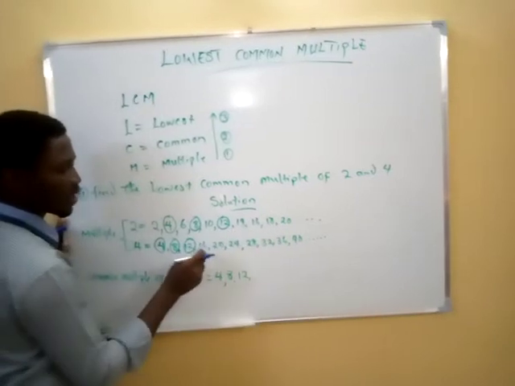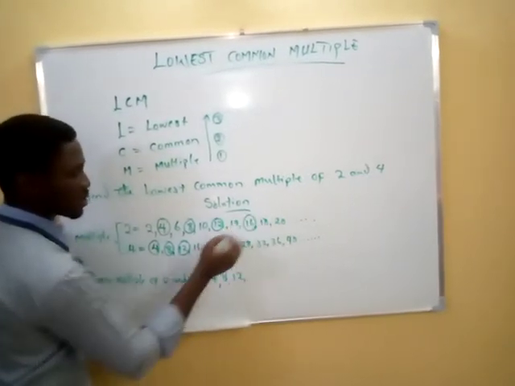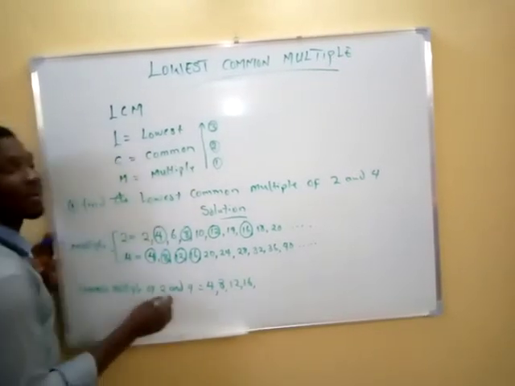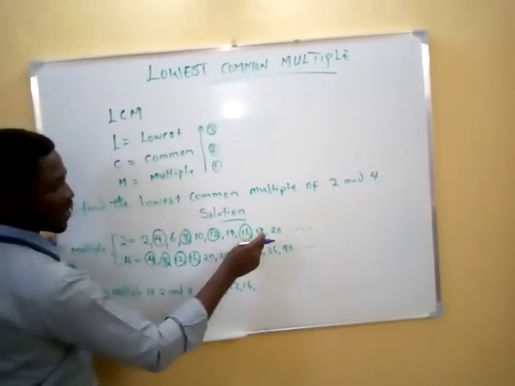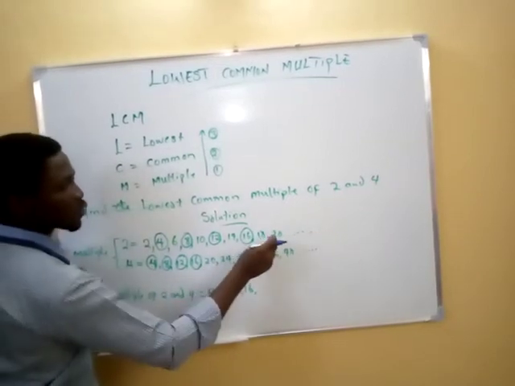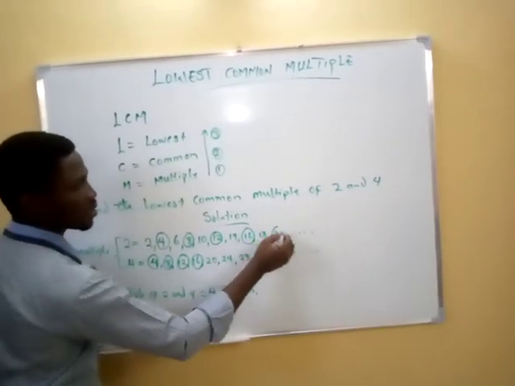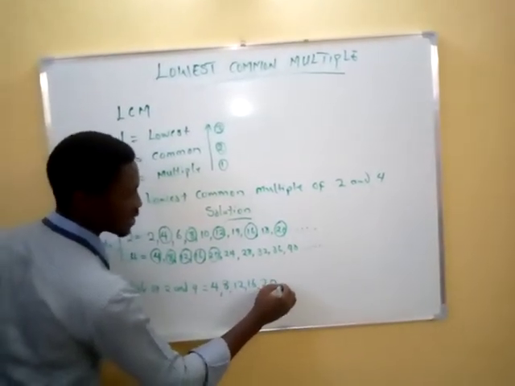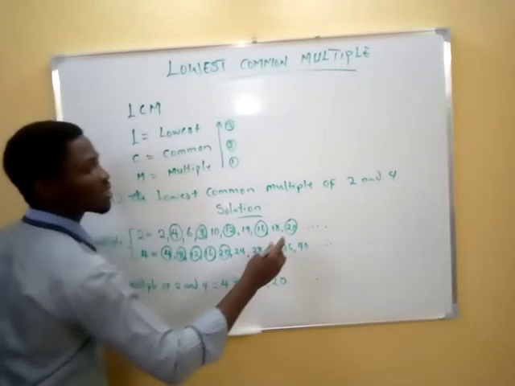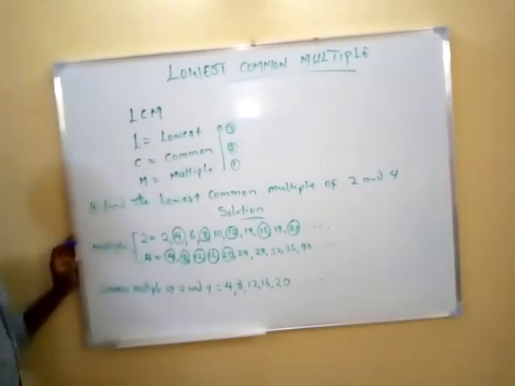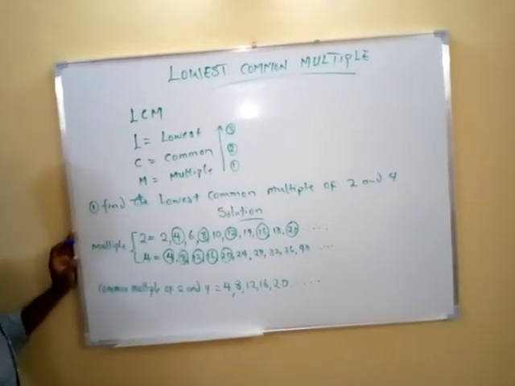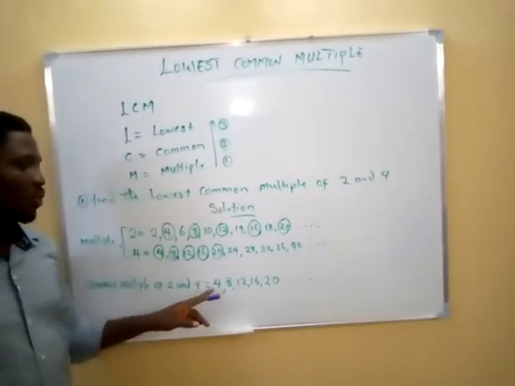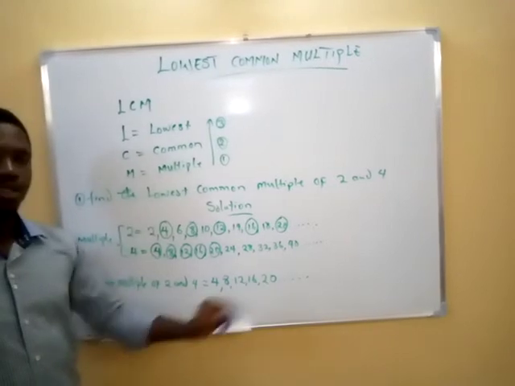We have 16 here, we have 16 here, so we circle 16 and we have 16 here. We are bringing out the common multiples. We have 18 here, we don't have 18 here. We have 20 here and we have 20 here. So we have 20, and then we'll bring out the 20 till infinity. That is to say, if we continue this sequence, you are going to discover more common multiples. Now we found the common multiples of 2 and 4 to be 4, 8, 12, 16, and 20.